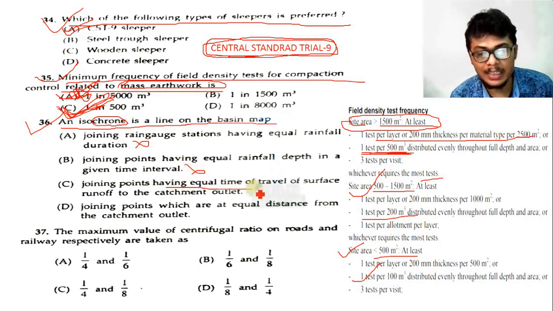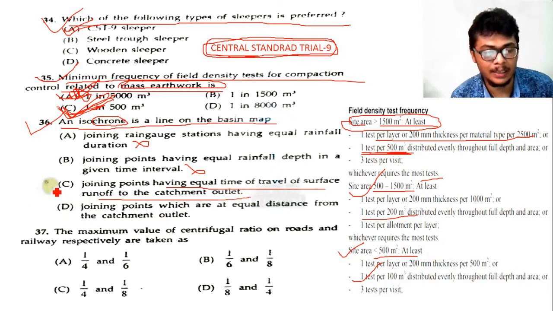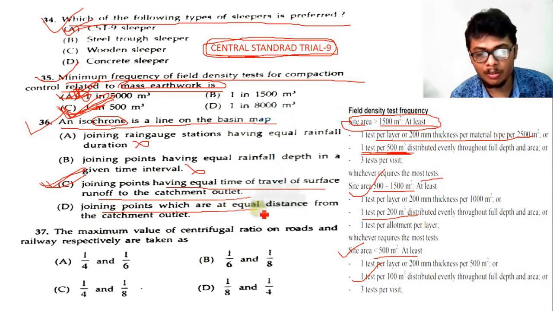Joining points having equal time of travel of surface runoff to the catchment outlet. Therefore, my correct answer will be C. Let's see option D. Joining points which are at equal distance. Here equal distance is mentioned, therefore this is wrong.